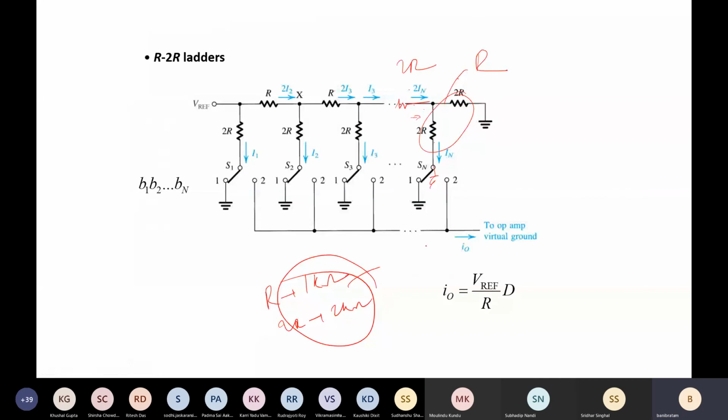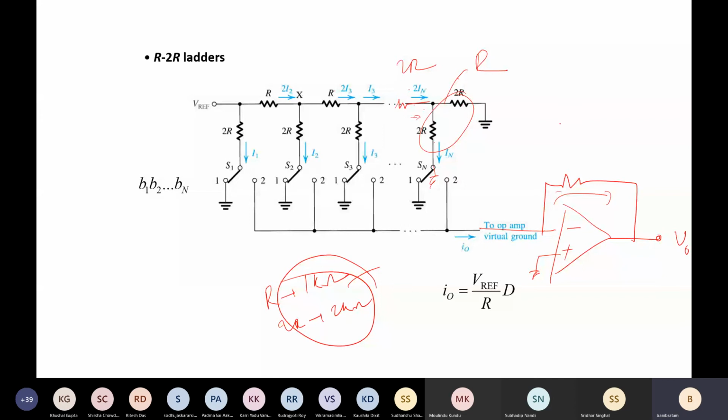And here this I is connected to the op-amp. The op-amp plus is grounded. And here we have the feedback resistor. Here we have the voltage output. Fine. So this I0, we will get I1 plus I2 plus I3 in that format. That current will pass through this one, and V0 is again equal to minus I0 into RF.